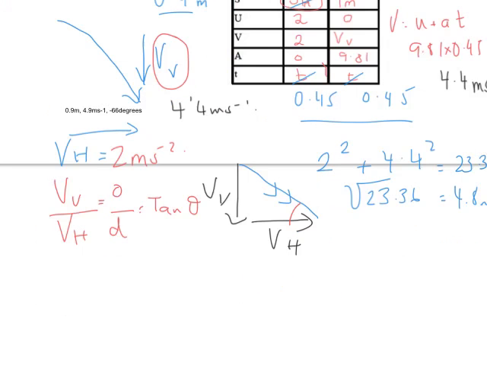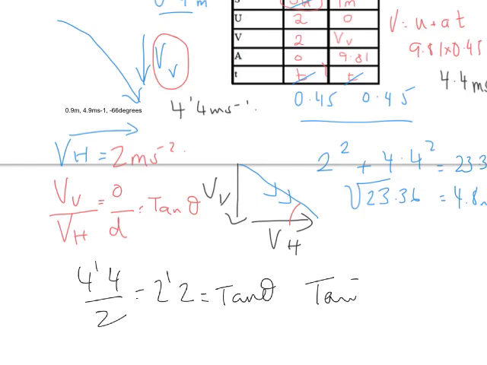So 4.4 over 2 equals 2.2, and that's tan of the angle. So we now use tan to the minus 1. I'm stating it in that way because that's how it looks on the calculator, and it will give us our final answer, which should work out to be about 65 degrees.